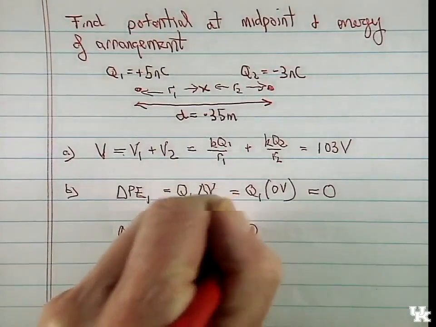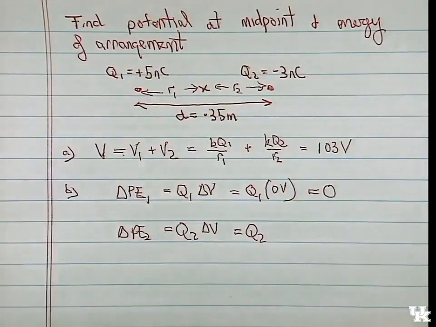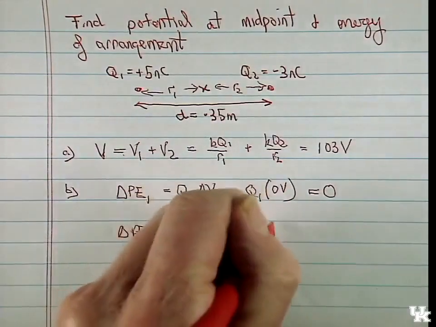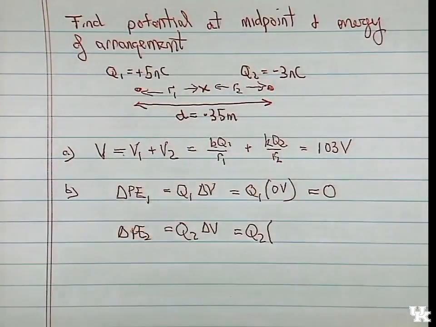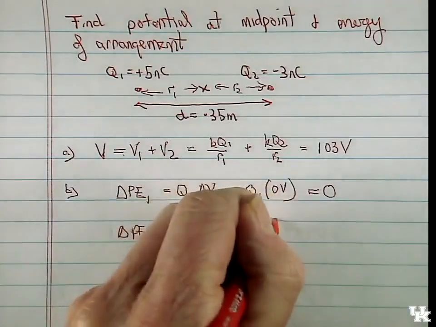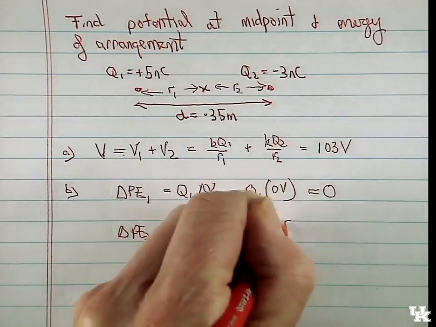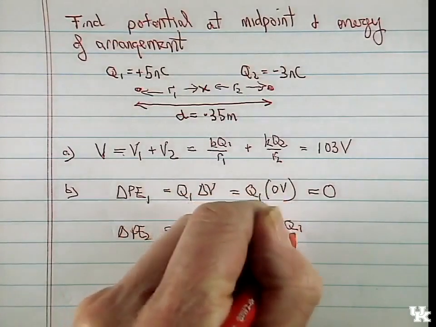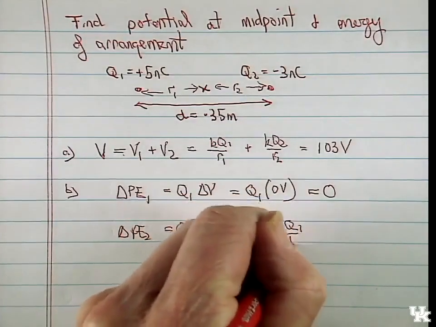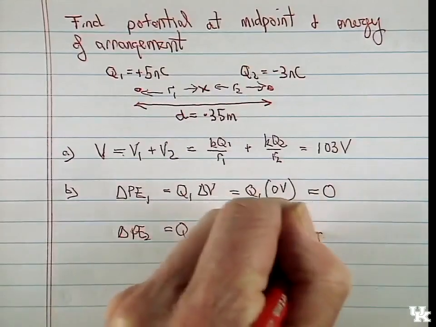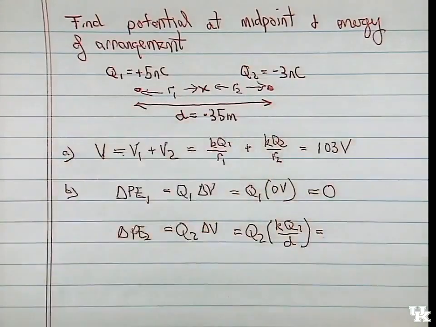It was at 0 volts, very far away, but now I'm bringing it into the neighborhood of the first charge and the potential of the first charge. And so the potential of the first charge is going to be K, Q1, divided by the distance we are from that charge. That distance is this separation of the charges, 0.35 meters.